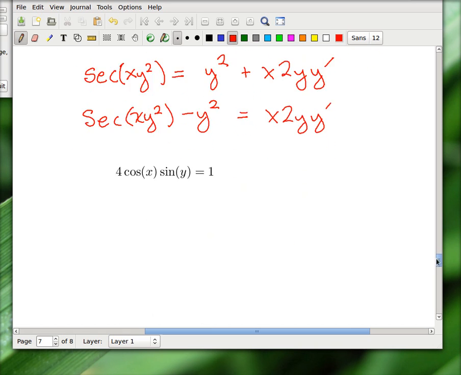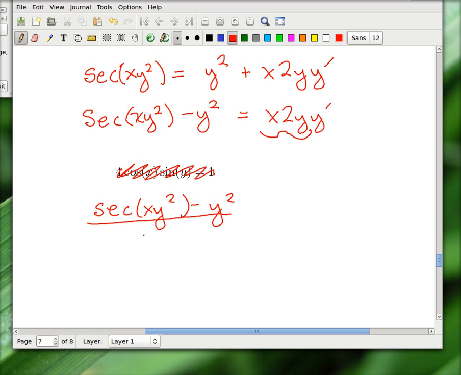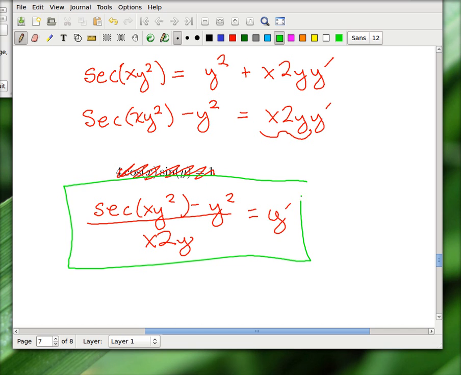The very last thing I need to do is divide through by that, and then the final answer is secant xy squared minus y squared over x 2y, and that is y prime. So meditate on it. That's the answer.